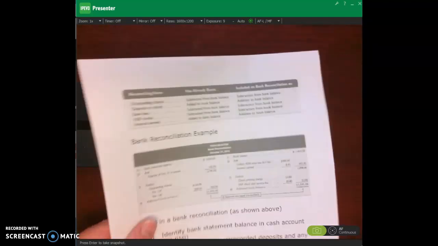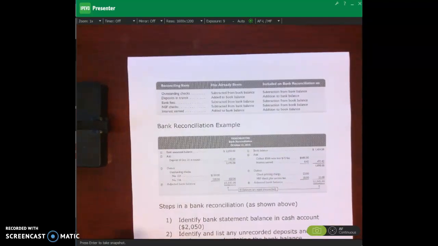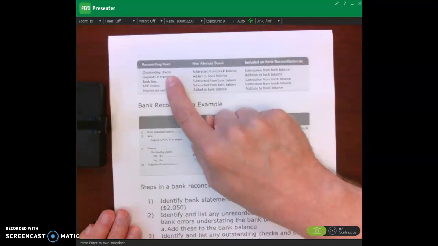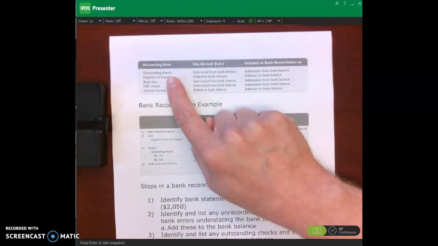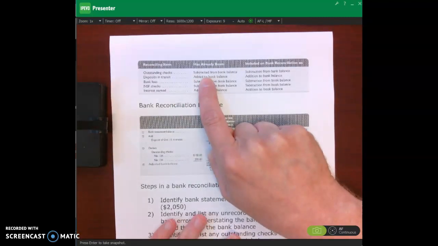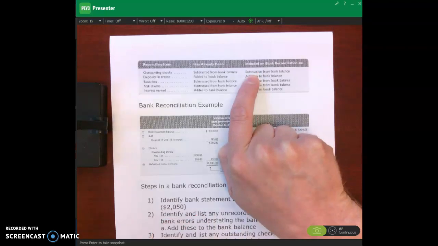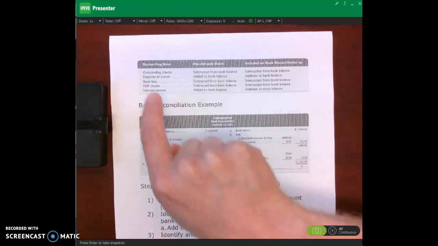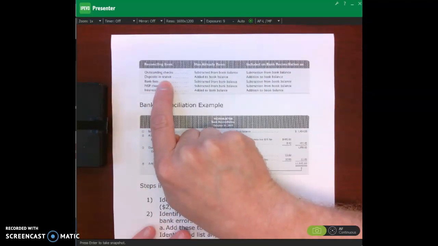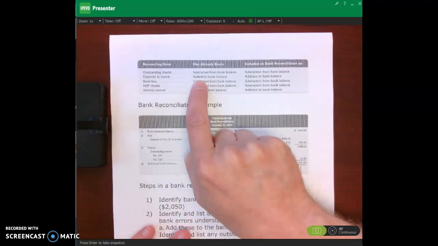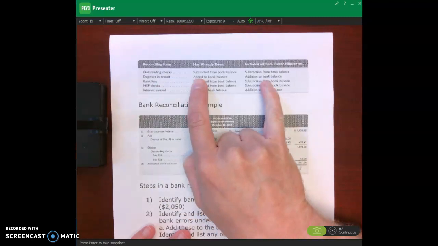Okay. So at the top here, we have this figure. We have a reconciling item, outstanding checks. That's already been subtracted from our general ledger, and then it would be included in our bank reconciliation as subtracted from the bank balance. Deposits in transit are added to our book balance, and then added to our bank balance.